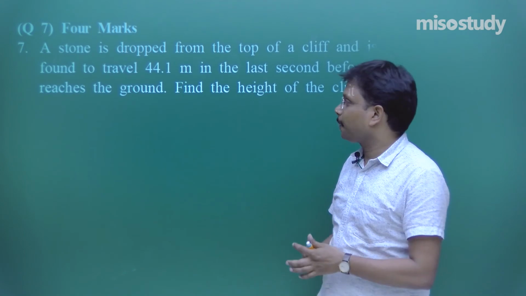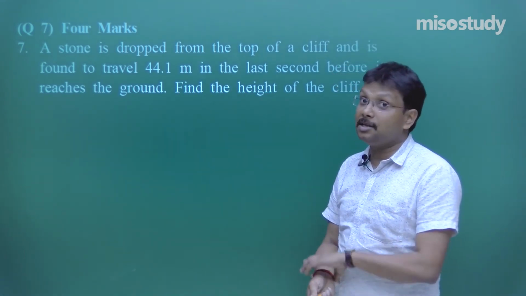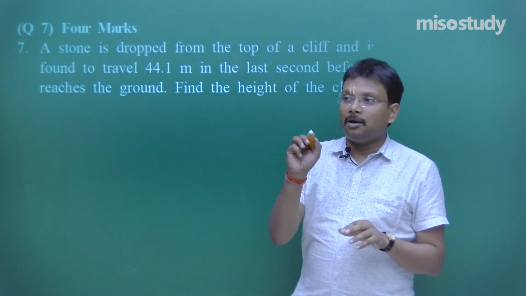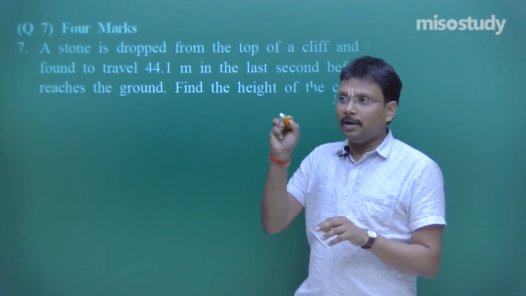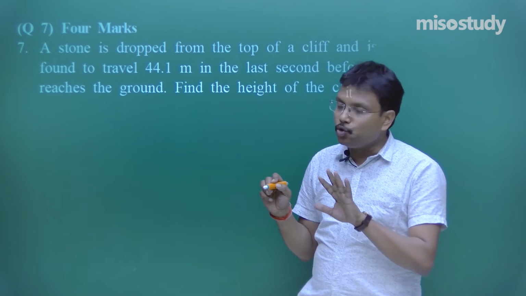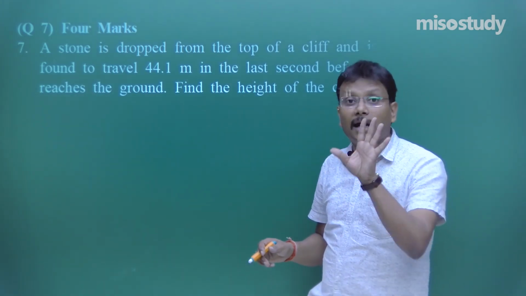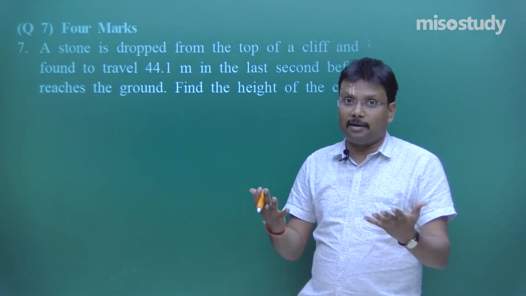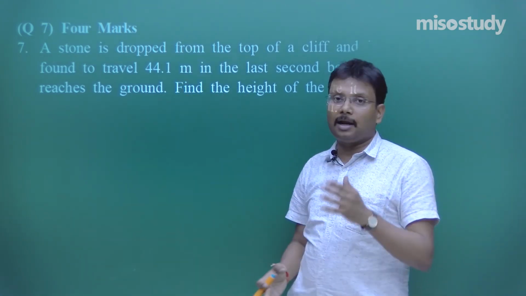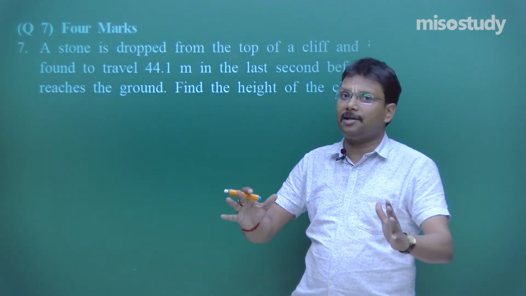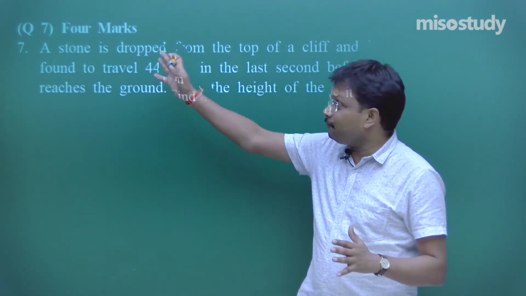One more thing, if this numerical is asked for 4 marks, please don't solve it like, okay, 44.1 equal to this value, this formula. No, first you should write down what is given, then draw a diagram. The teacher wants that, because if you provide the diagram, it gives the impression that the student has proper understanding, and this is a 4-mark question.